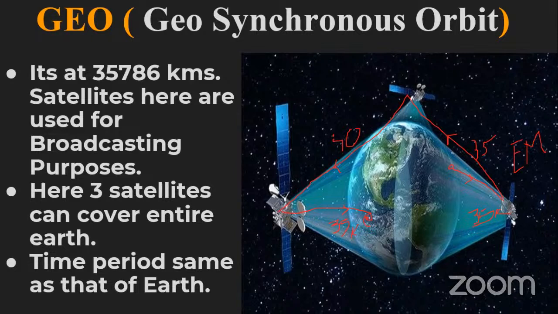Now, because of the tilt, this particular thing is at this point. When my Earth is rotating, because of the tilt, it is not in the same horizontal plane. At this point it is here, but after rotation, it is above this horizontal plane.